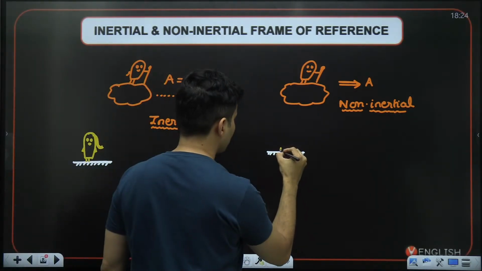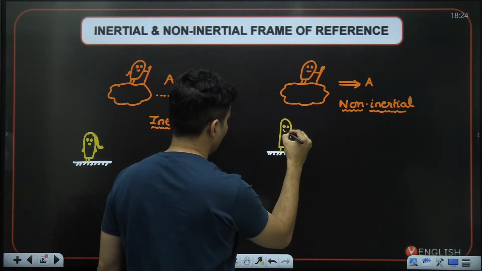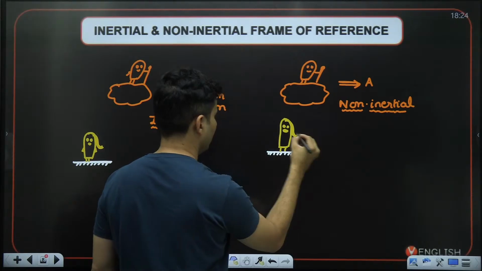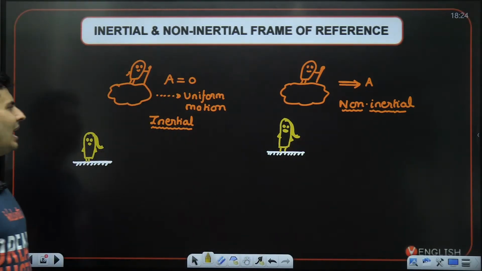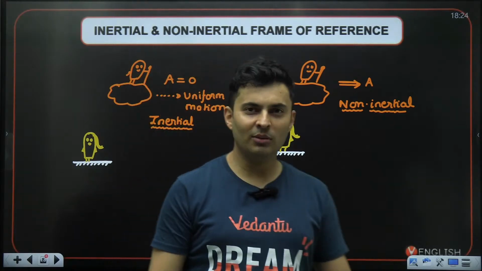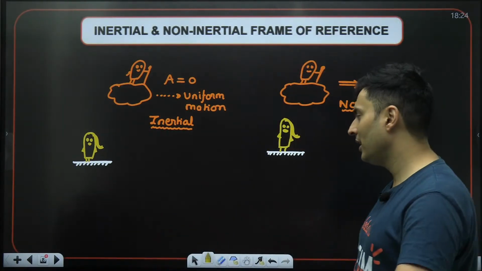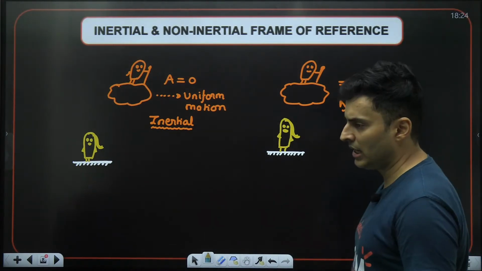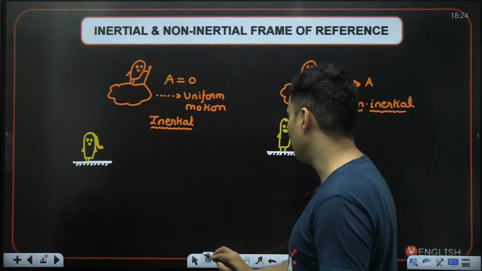Both of them are noticing the same Champa in two different cases, and they ask Champa, what question? What will be their opening line? Will you go out with me? No, that is not their opening line. Their opening line is, what is your free body diagram? Okay, what are the forces acting on you? That is their pickup line for Champa.